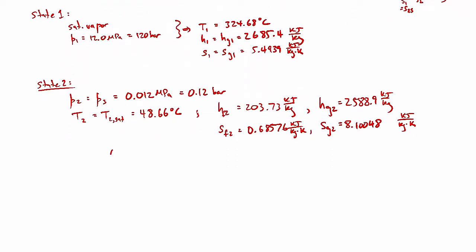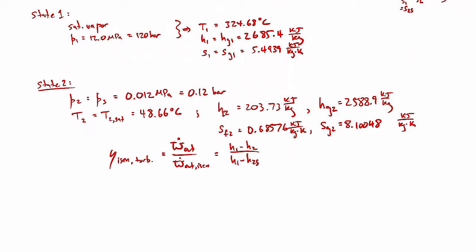Let me just write that down for you. So the isentropic efficiency for the turbine, recall, is the actual work that you get out divided by the work you would get out if it was isentropic. And if you worked out the first law on the turbine, for the actual work out it would be H1 minus H2, and for the isentropic case, it would be H1 minus H2s.